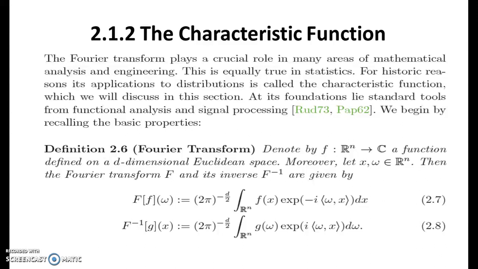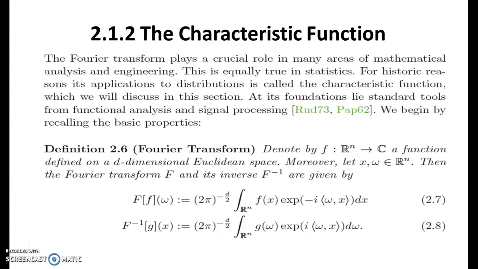Then the Fourier transform F and its inverse F^{-1} are given as F[f](w) by definition equal to (2π)^{-d/2} ∫ f(x) exp(-i w x) dx.